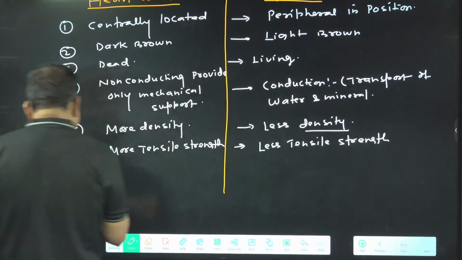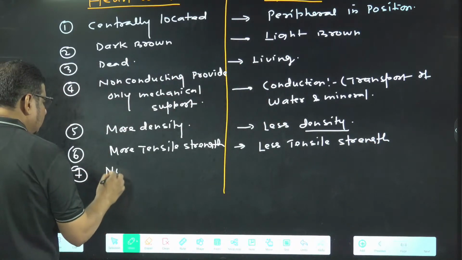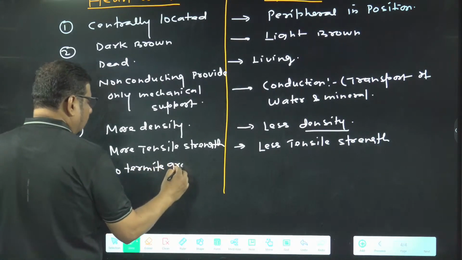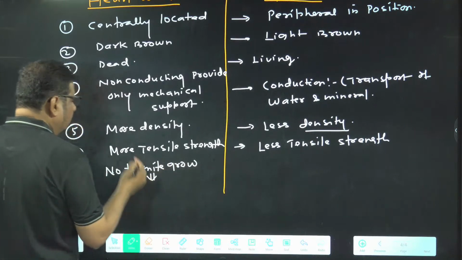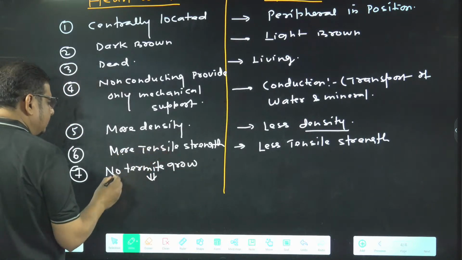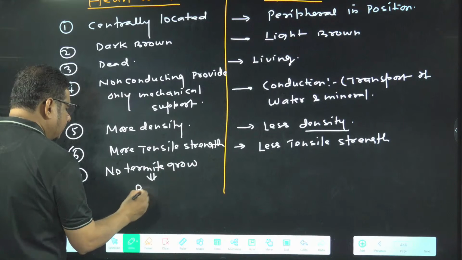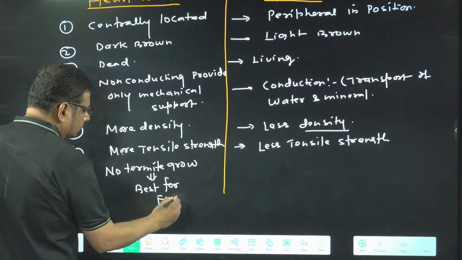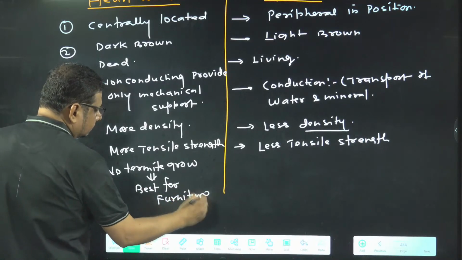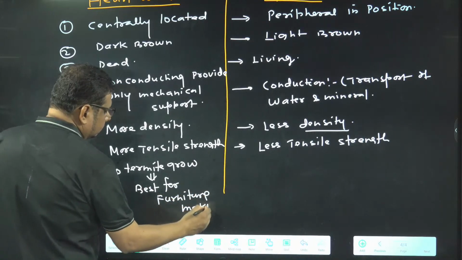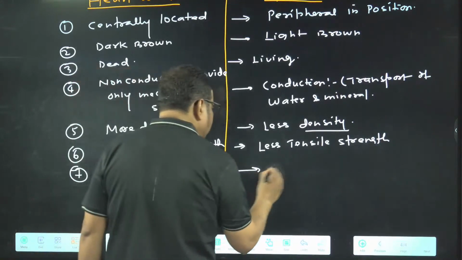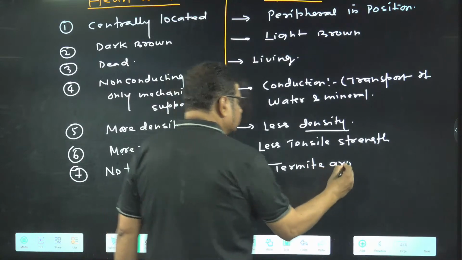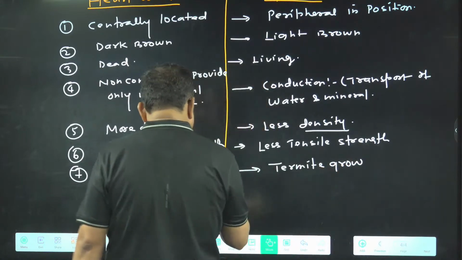No termites grow in heartwood. Due to more density, more tensile strength and no termite growth, it is best for furniture making. Here, in sapwood, you will find termite growth. Getting the idea?